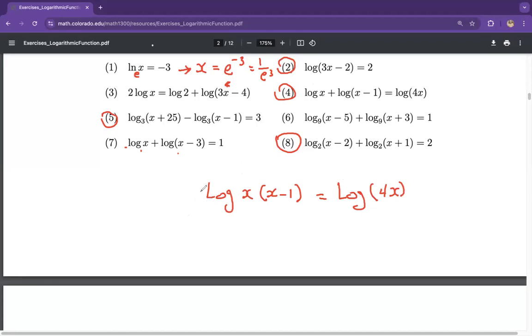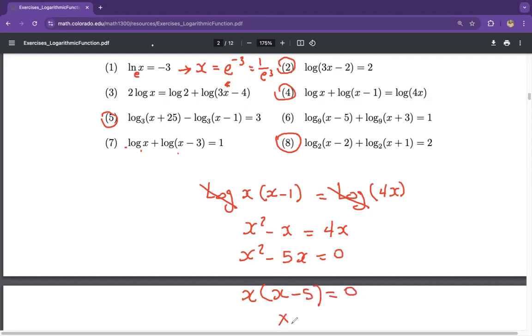Now, I can cancel the logs at this stage. Now, x squared minus x equals 4x. X squared minus 5x equals 0. X times x minus 5 equals 0, and therefore x equals 0 and 5.